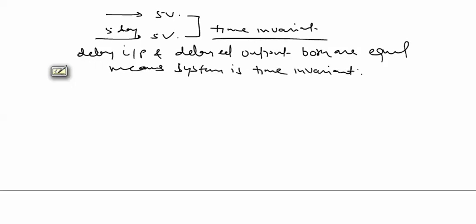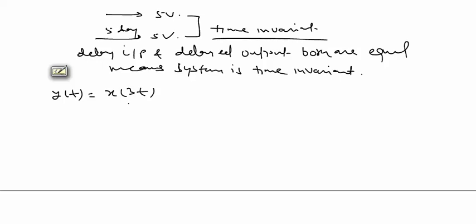If not, the system is time variant. For example, I took y(t) equals x(3t). A time invariant system is also known as a time independent system.